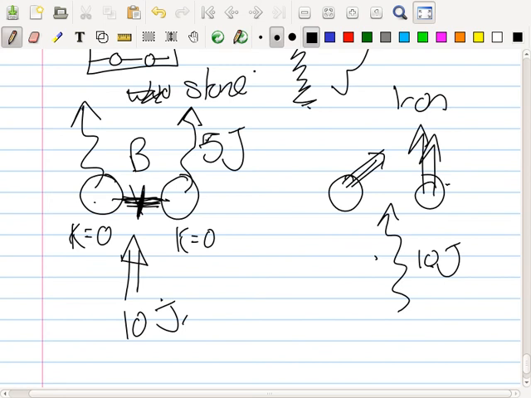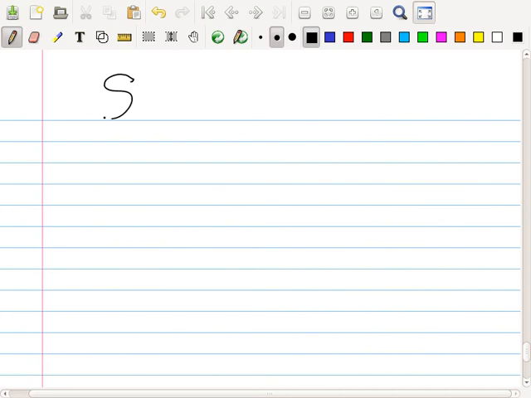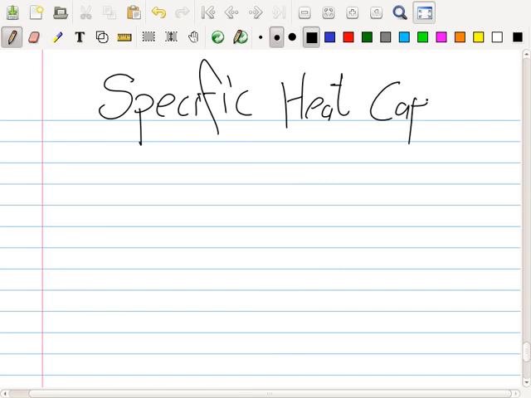So this gives us the idea, finally, of what's called specific heat capacity. And the idea is specific heat capacity means the ability to hold heat energy.